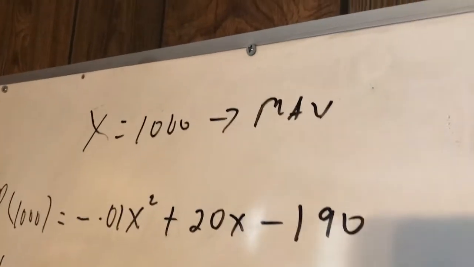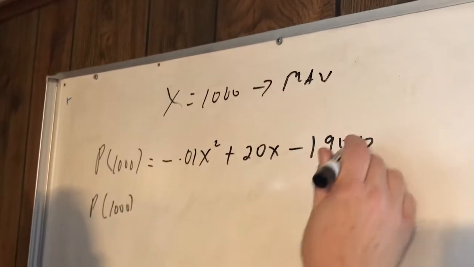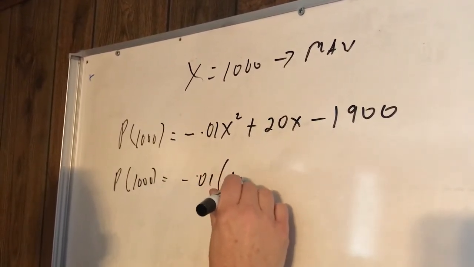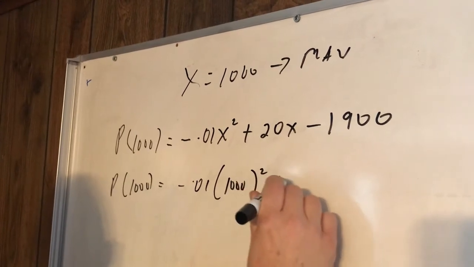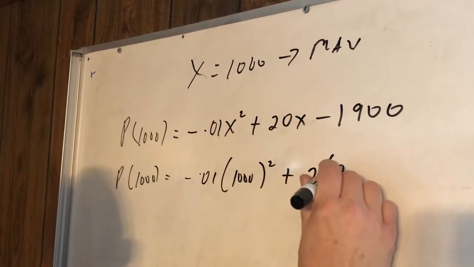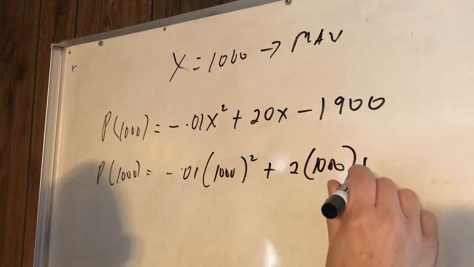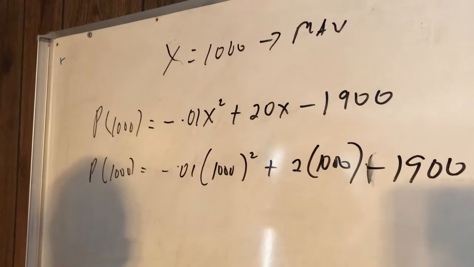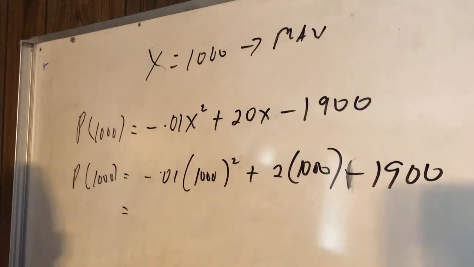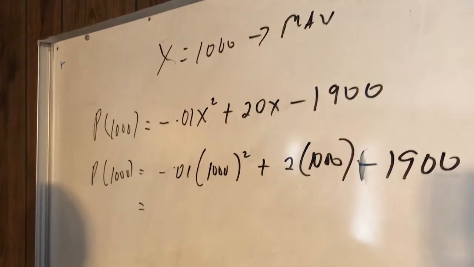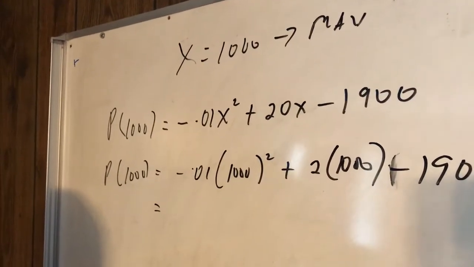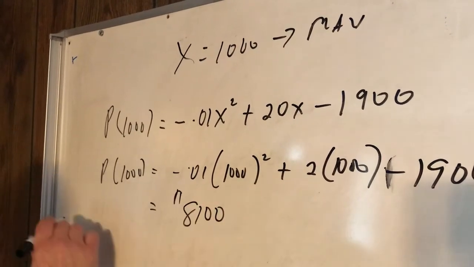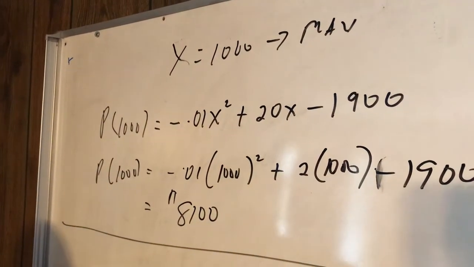P of 1,000 is minus 0.01 times 1,000 squared plus 20 times 1,000 minus 1,900. When you figure that out, I'm not going to do it all the way, you'll get a profit of around $8,100. That's what you get from selling 1,000 units.